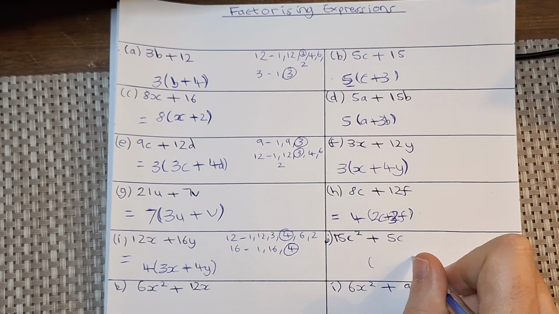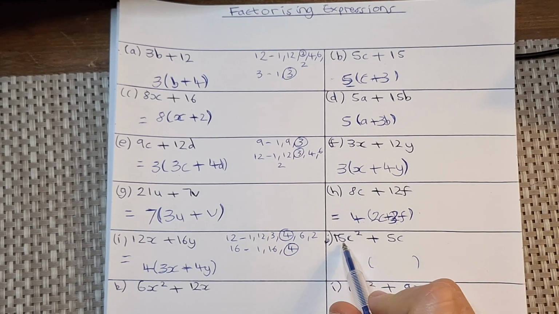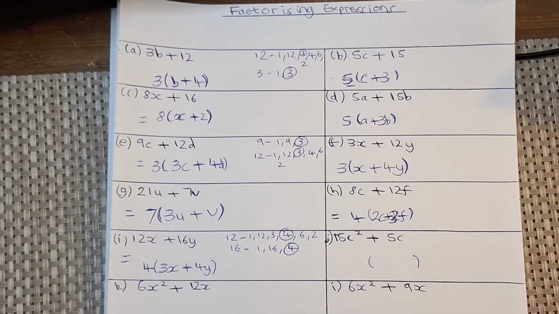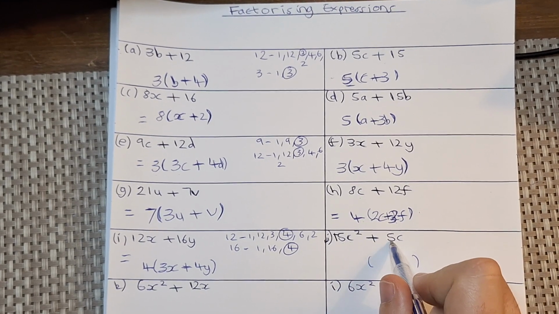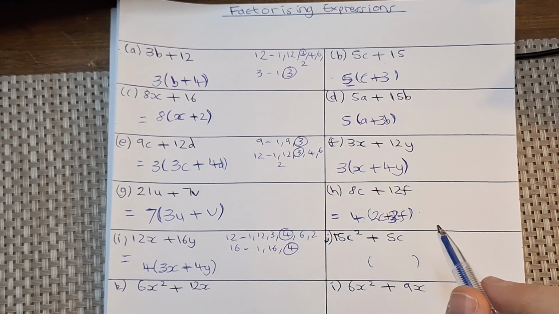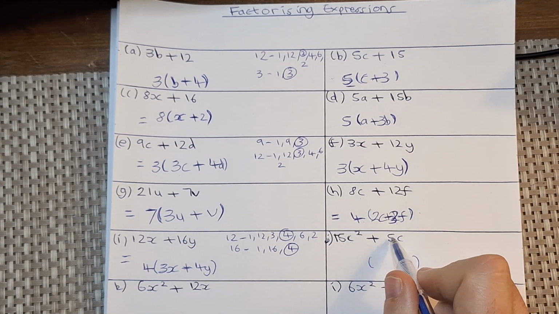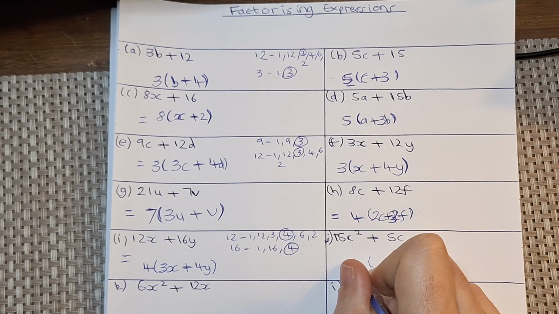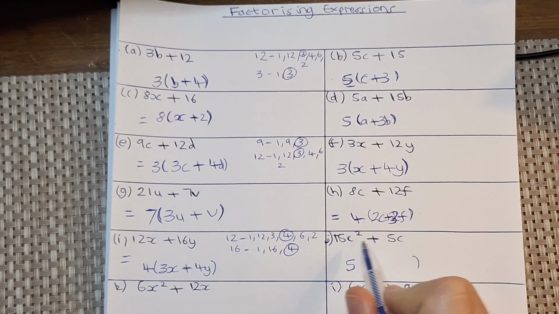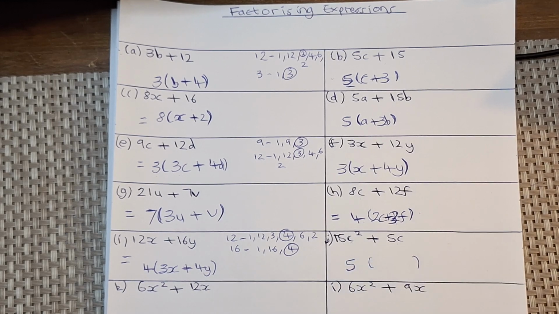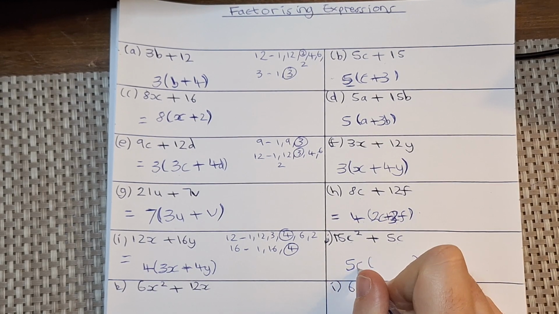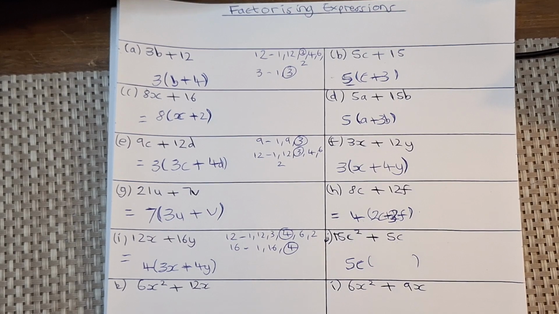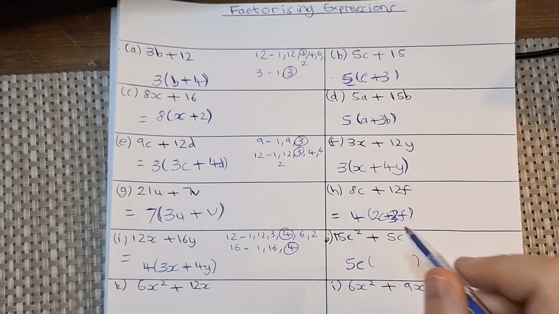Looking at our numbers, the highest common factor of 15 and 5 is 5, because 5 times 3 is 15. But because we have c in both of the terms, it has to be 5c here. Put 5c there.